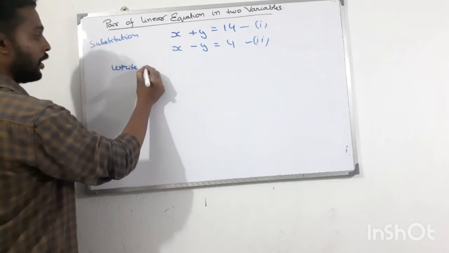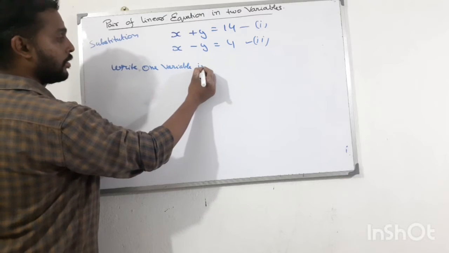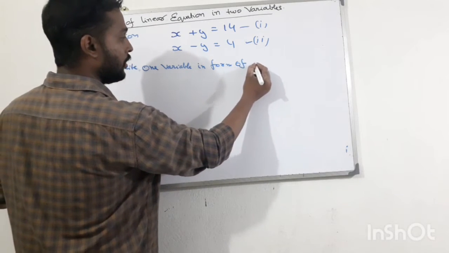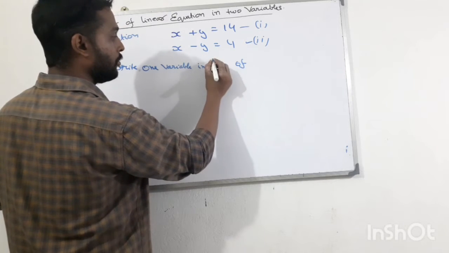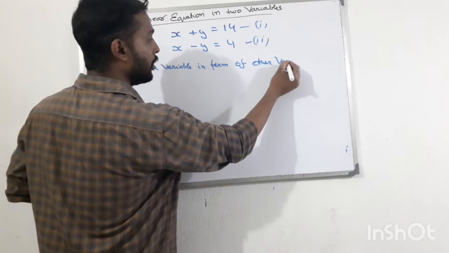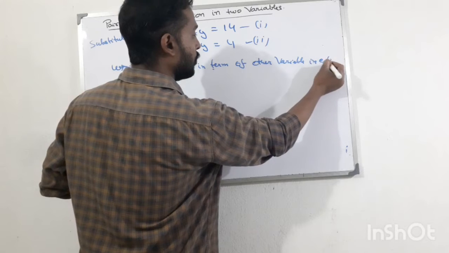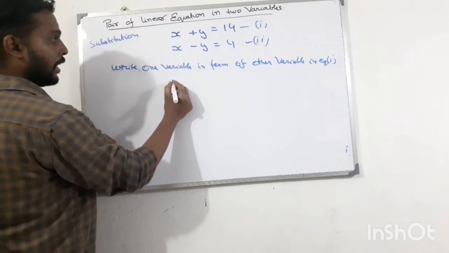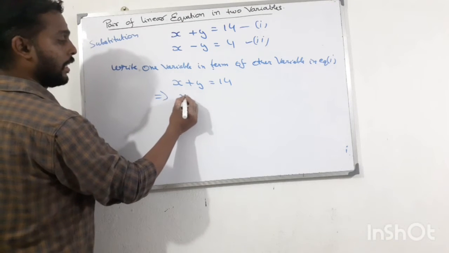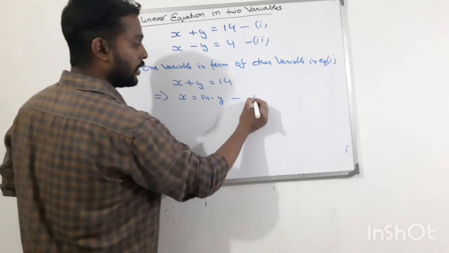First, write one variable in terms of the other variable in equation 1. Like x plus y is equal to 40, then we can write x is equal to 40 minus y. This is our equation 3.